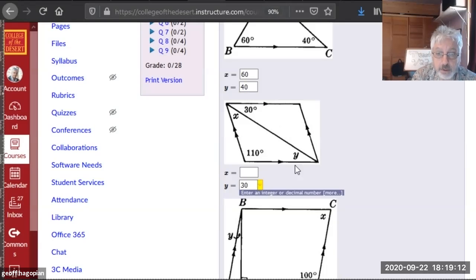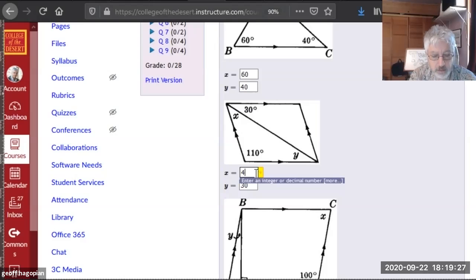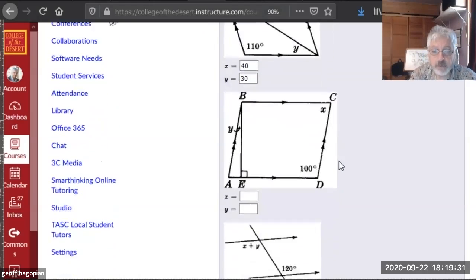Those are alternate interior angles when the transversal, the diagonal cuts the parallels, right? And so since this is 30 and the sum of the interior angles is 180, that means X has got to be 40, right? So yeah, stop me if you have a question.